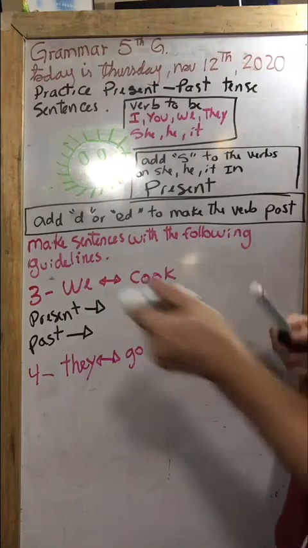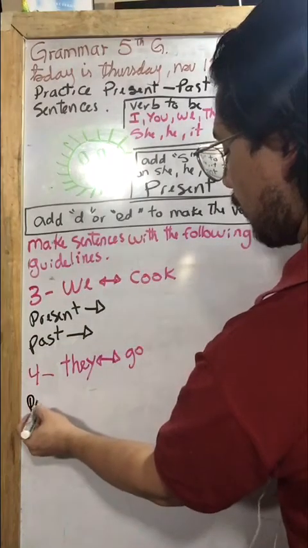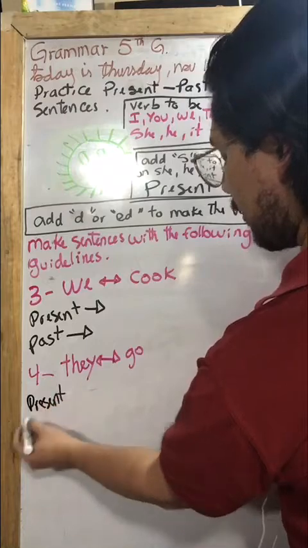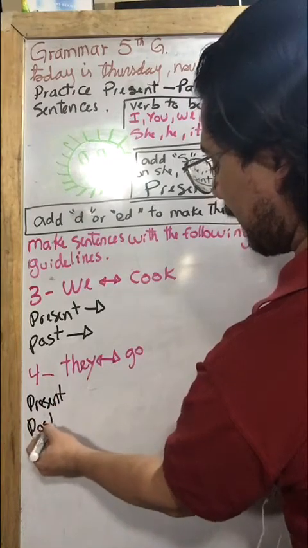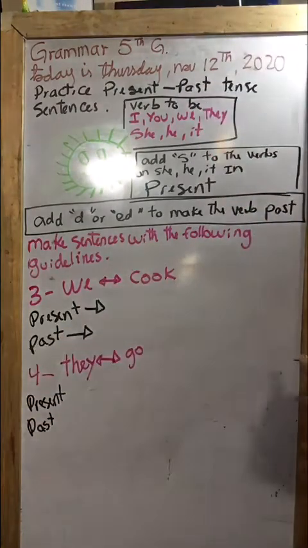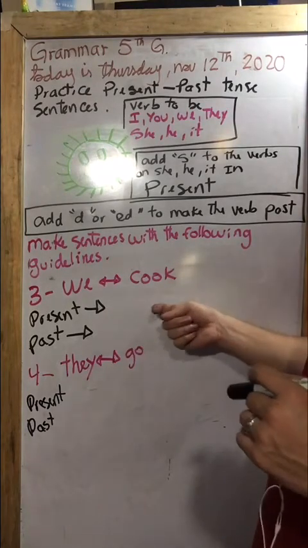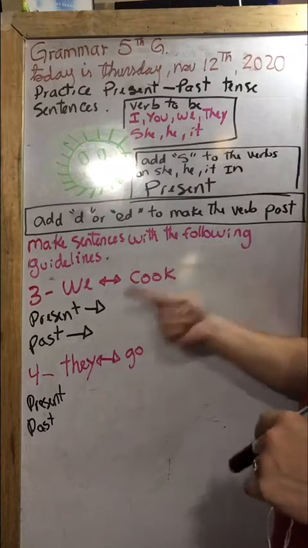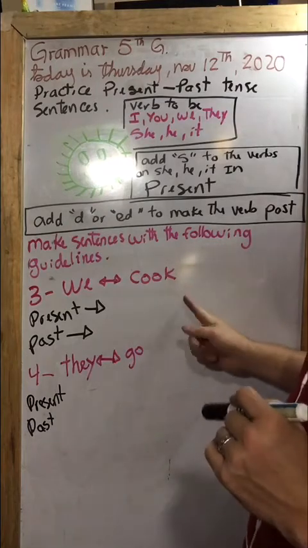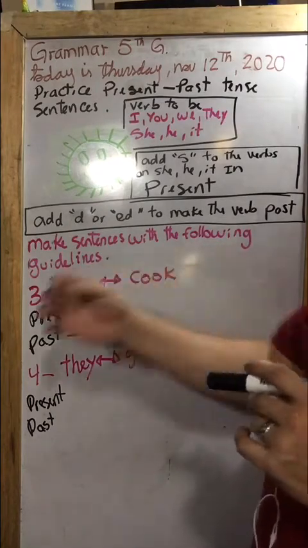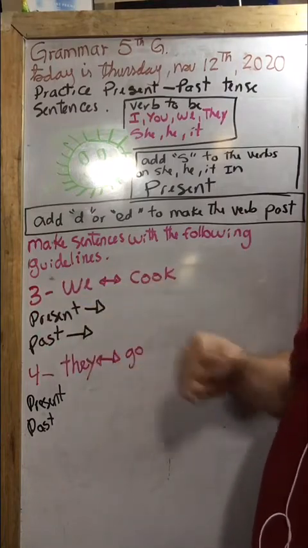We are going to make sentences with both present and past. Okay, so in there I can write my sentence. I can write, we cook tortillas, or we cook chicken. Cook is the action of making a meal, some food.